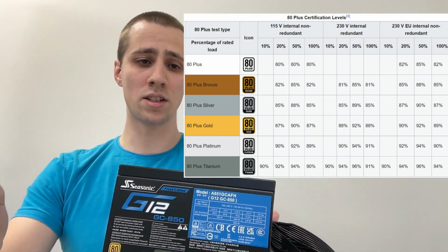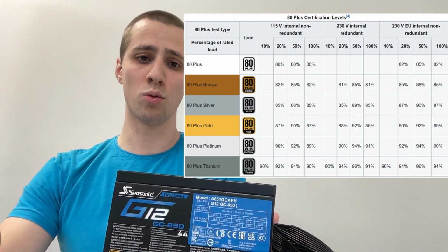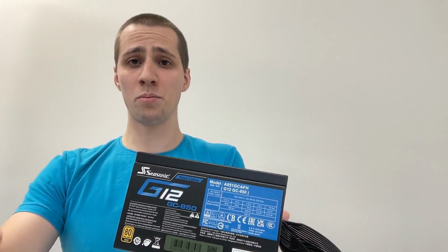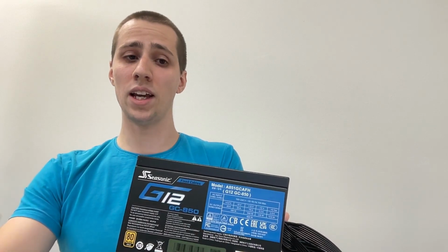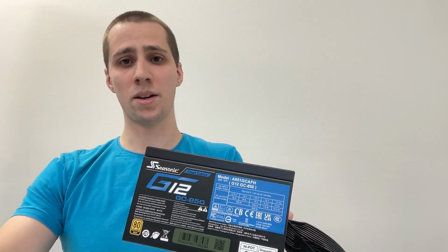The standard defines minimum efficiency levels for 20, 50, and 100% loads. Typically, more efficient power supply units are more expensive. However, if the computer is used throughout the entire day on a daily basis, a more efficient unit could save you money on electricity over time.